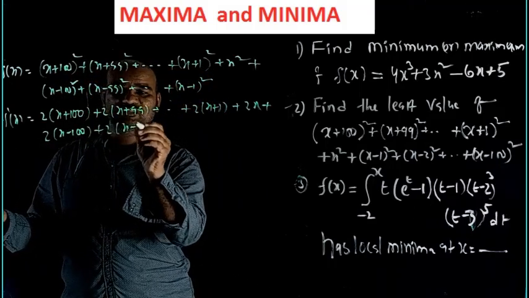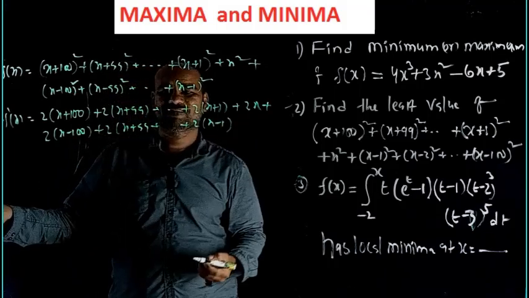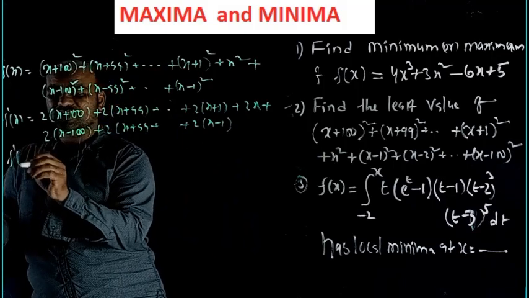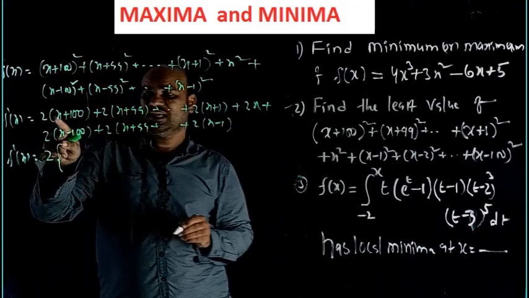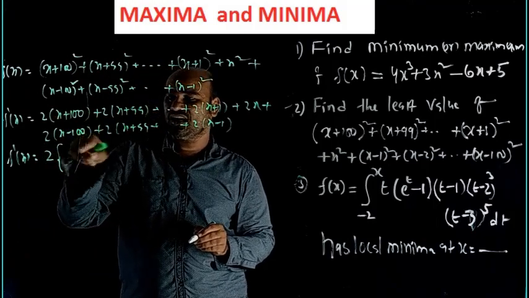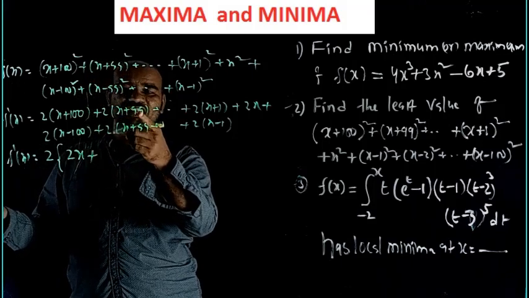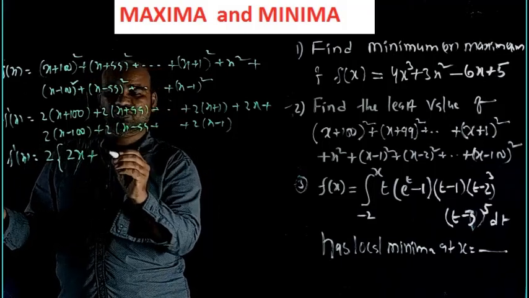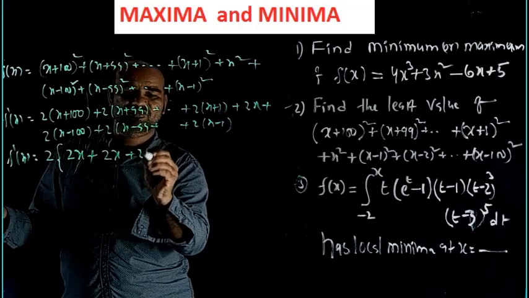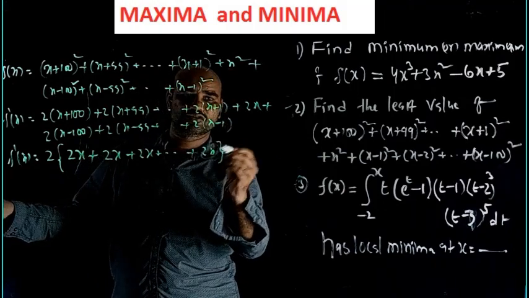Plus 2 times (x minus 99), and so on, plus 2 times (x minus 1). So what happened here? f dash of x is equal to, take 2 common from the total: x plus 100, x minus 100, the 100 gets cancelled, 2x. Similarly 99 is cancelled, and we will get another 2x plus 2x, and so on. Here also plus 2x.